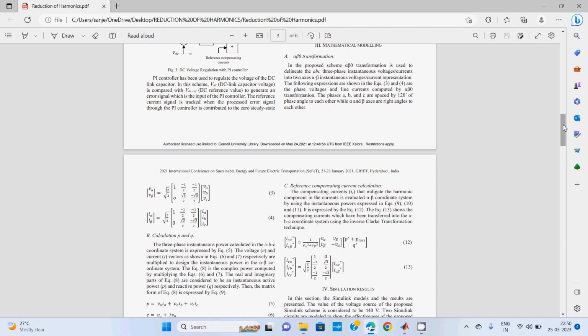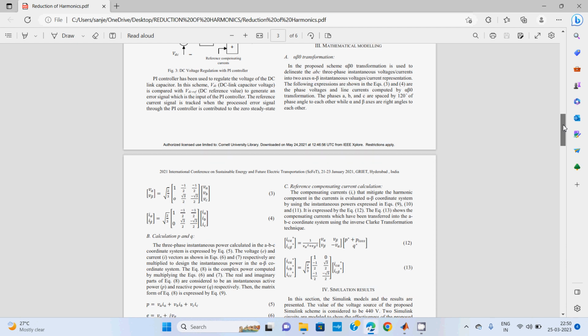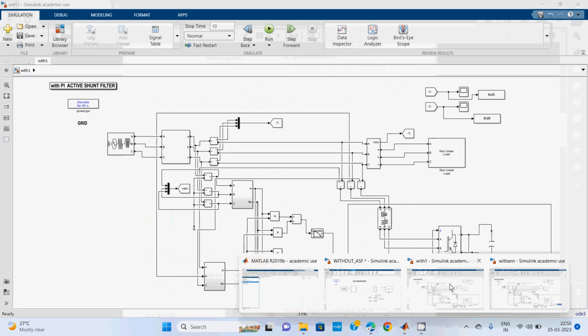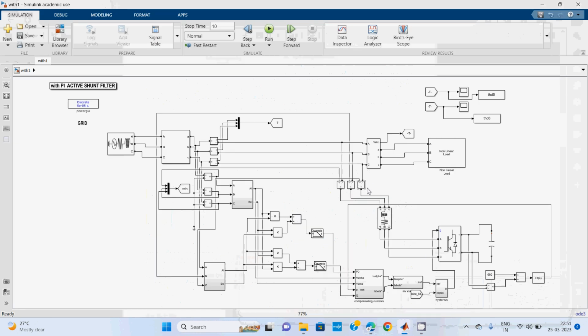How we are going to control it is with the help of instantaneous active and reactive power. Whatever sensing voltages we are connecting at the load side and at the generation side, the voltage measurements and current sensors will help to control the current parameter.